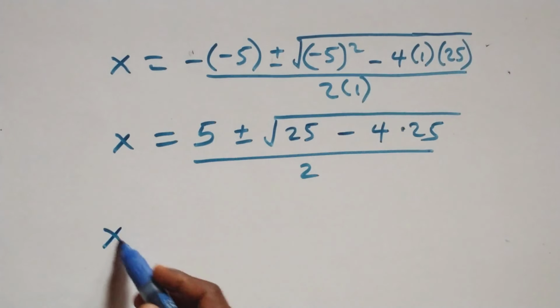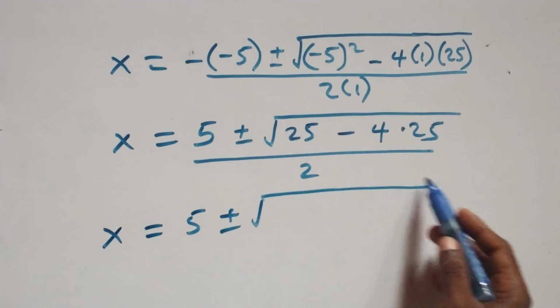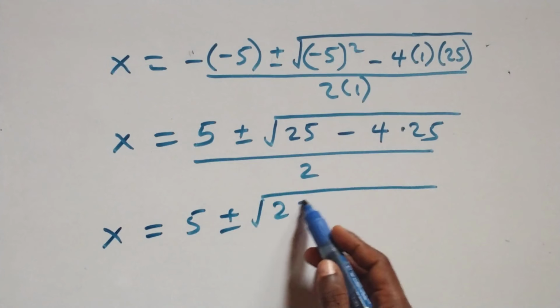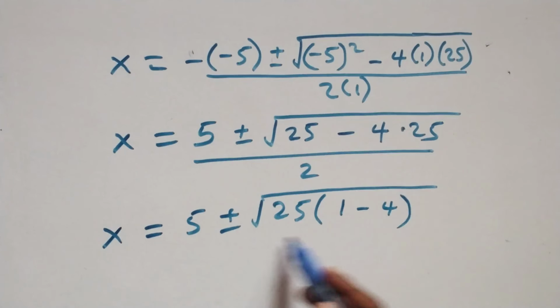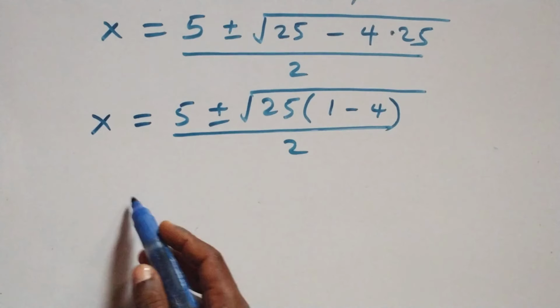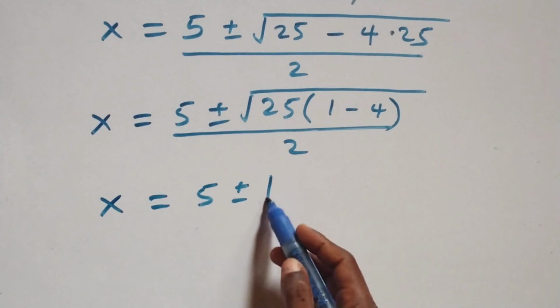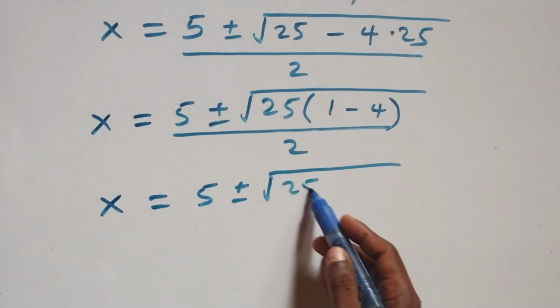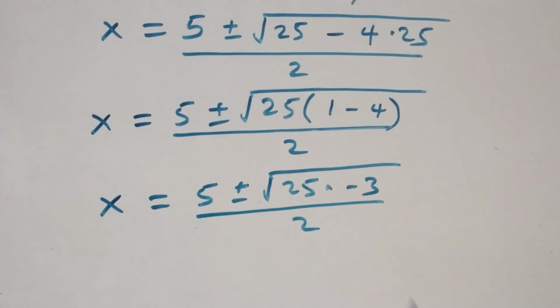Here we have x equals 5 plus or minus square root of, here 25 is common, we have 25 into bracket 1 minus 4 here, then over 2, which implies we have x equals 5 plus or minus square root of 25 times 1 minus 4, that is minus 3, over 2.